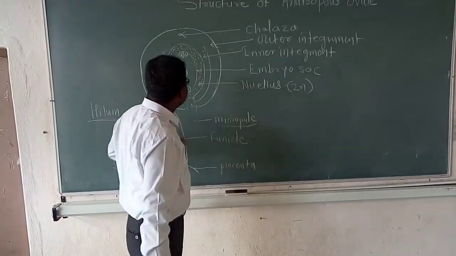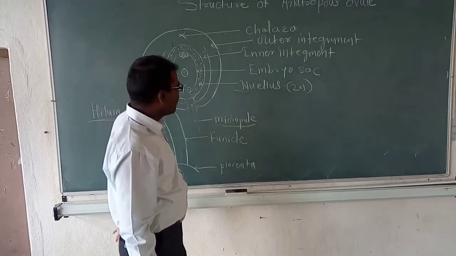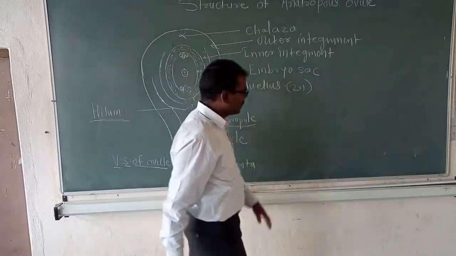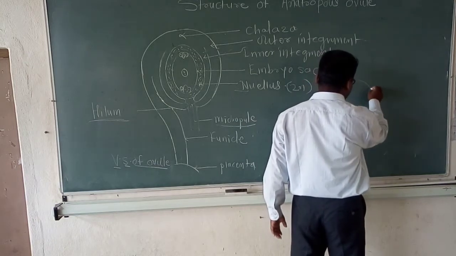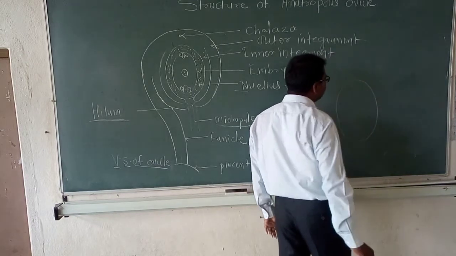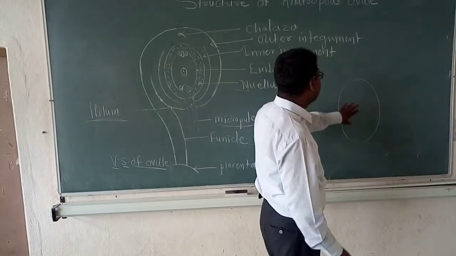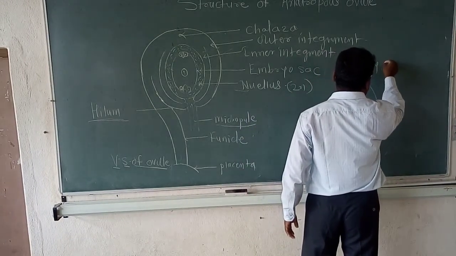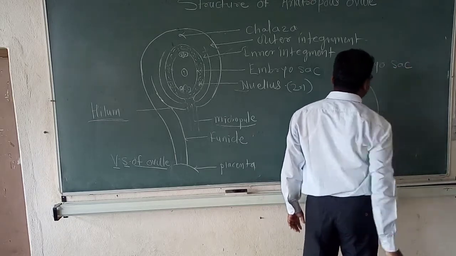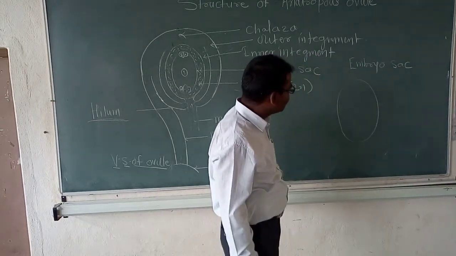Then the structure of the embryo sac. I have enlarged here the structure of the embryo sac. This is the embryo sac. It is also called the female gametophyte.